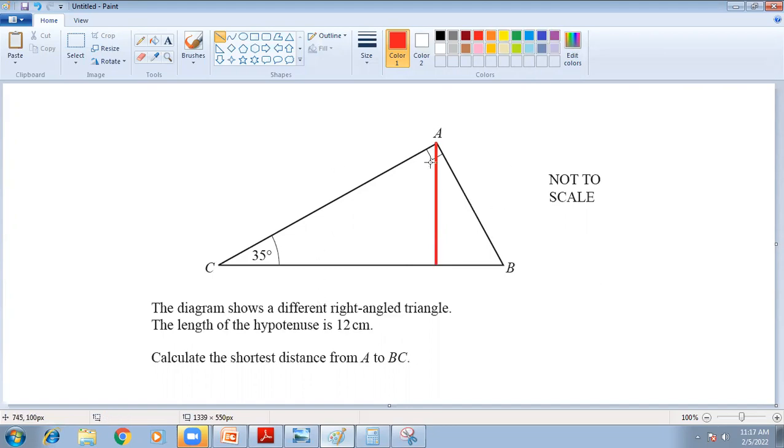Okay, this red line is the shortest distance between A and BC. The reason is that this angle is how much? It is 90.